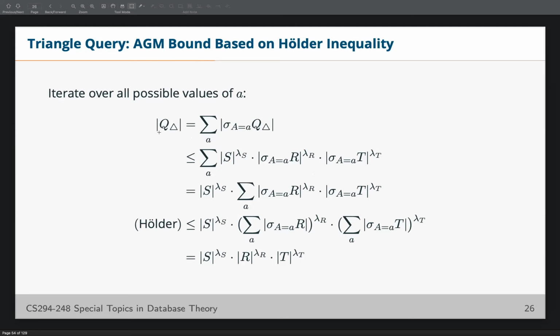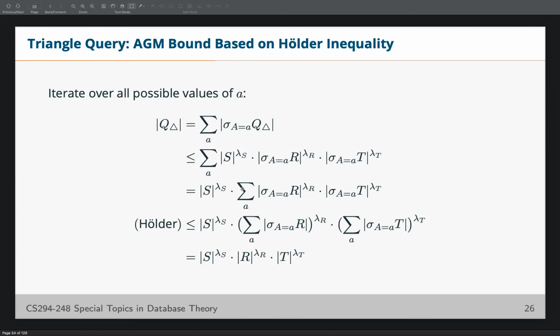The number of triangles is the sum over all a's of the selection, right? The selection we just proved to be bounded by this quantity. So this is just the sum over all a's of this quantity, and this is exactly the sum of the dot product. Remember, we just discussed the Holder inequality.